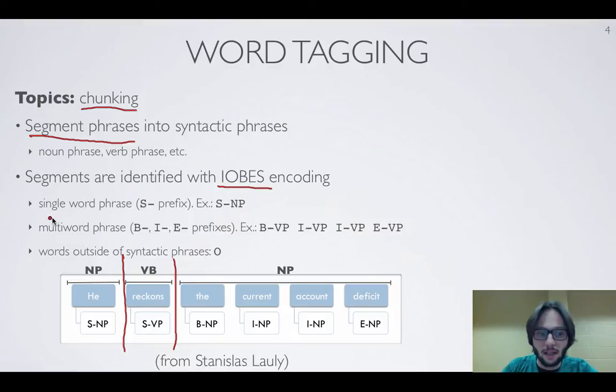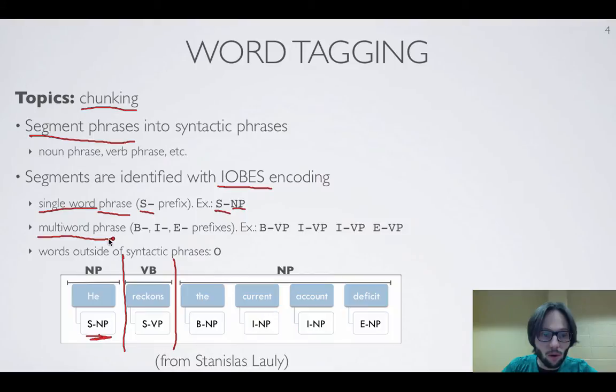Specifically, if we have a phrase that corresponds to just a single word, then we'll just prefix S dash right before the type of phrase that we have. So if we have a noun phrase, then we would have S dash right in front to identify that this word constitutes a noun phrase. We have an example right here. He is just a noun phrase. The word itself is a noun phrase.